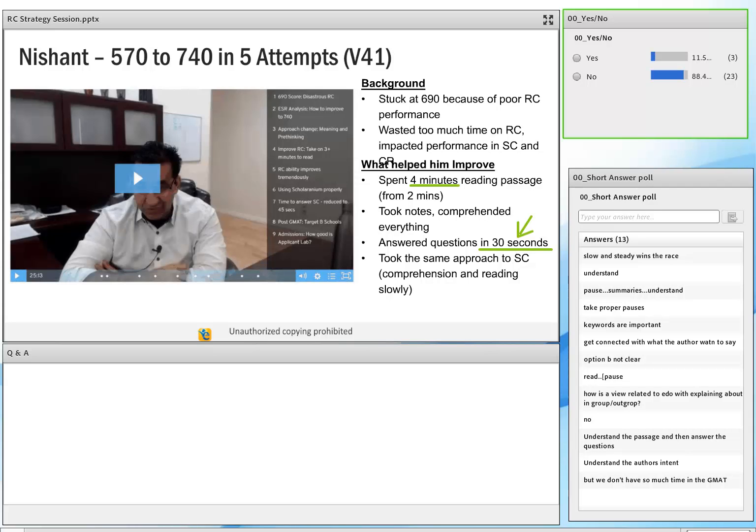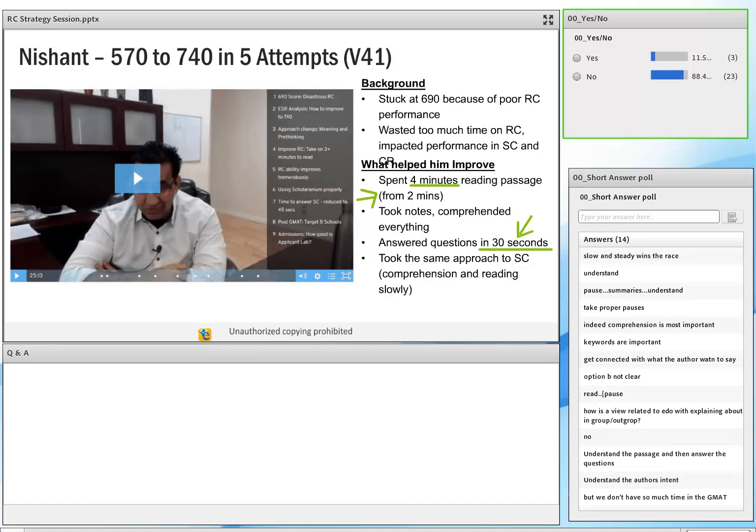Earlier, Nishant was spending just about 2 to 3 minutes in reading the passage, and because he wasn't spending that much time, he had to spend a lot more time on each question, wherein he was spending 1.5 to 2 minutes per question. Now, all he did was he redistributed the time. Once he started to spend these 4 to 5 minutes in reading the passage, for each question he was now only spending 30 seconds. So all we are talking about is you redistribute the time.